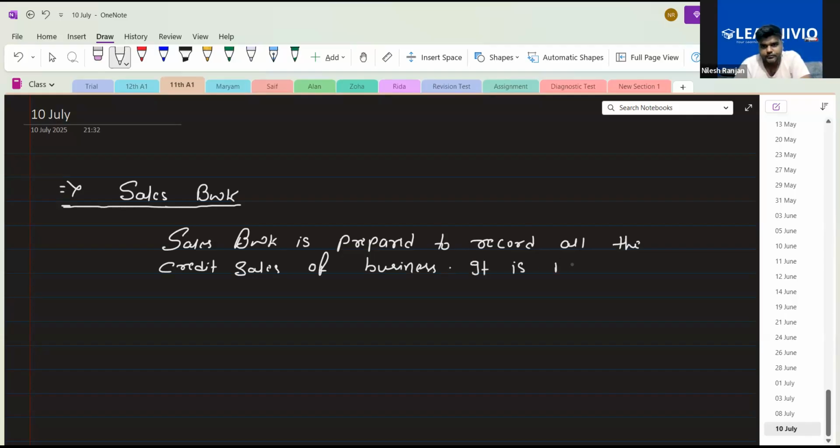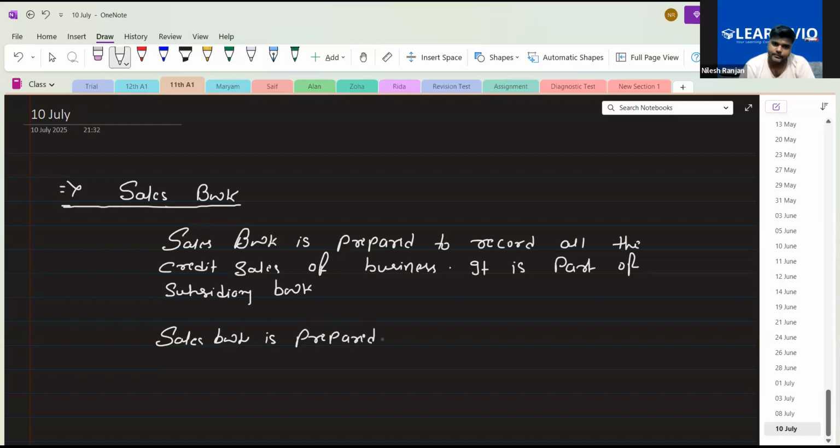It is part of the subsidiary books. The sales book is prepared on the basis of the invoice received from the seller of goods.